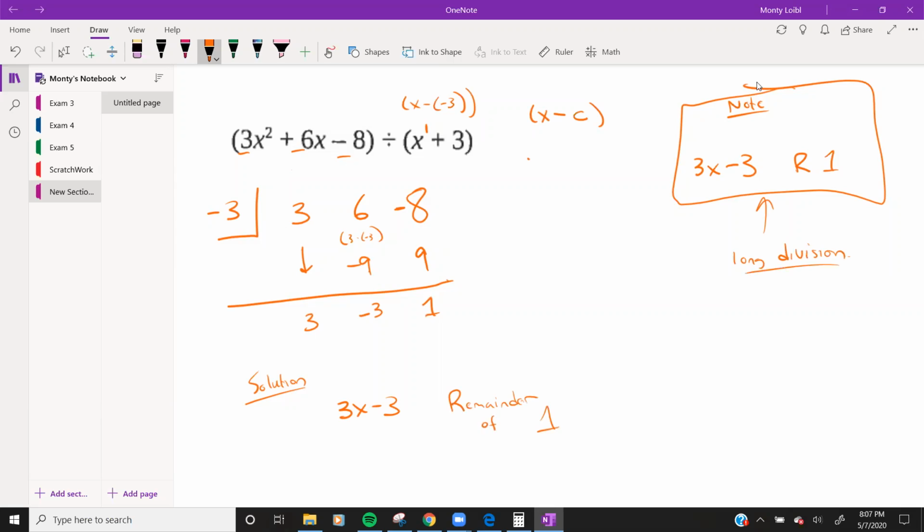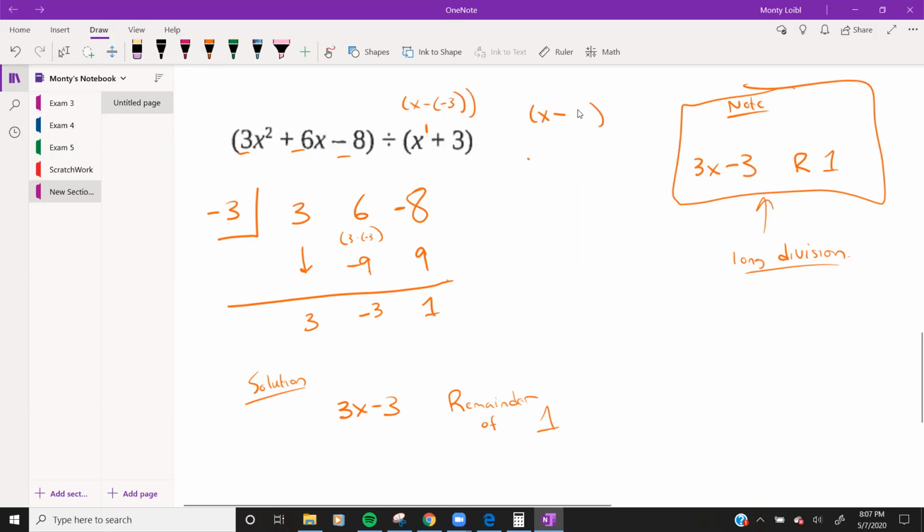So I really like long division. For synthetic division, you just need to know that this first term here needs to be an x, x to the first power, can't be anything different. And the number that goes in here, your c, might actually be r. I think when we taught it in class it was r, but it doesn't matter.